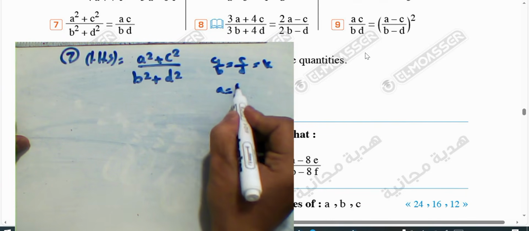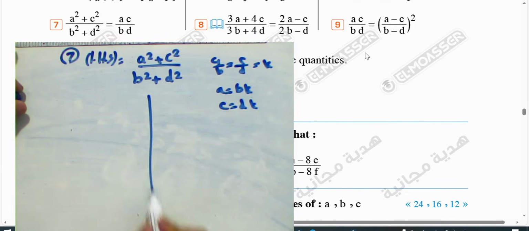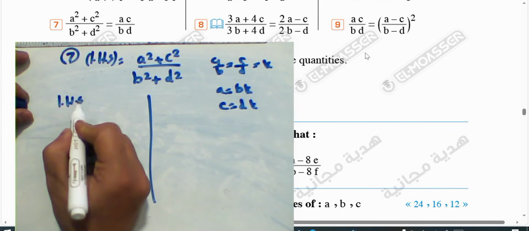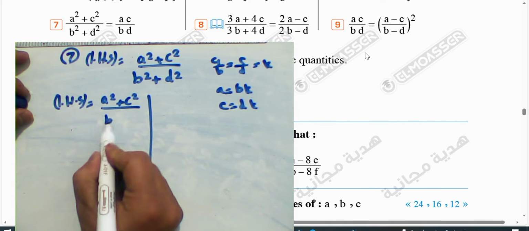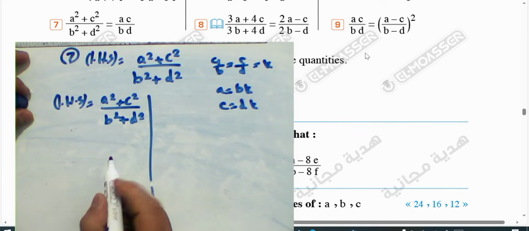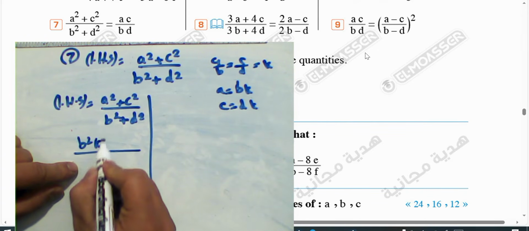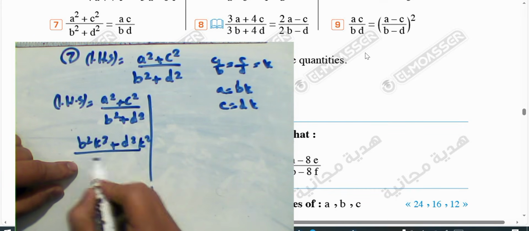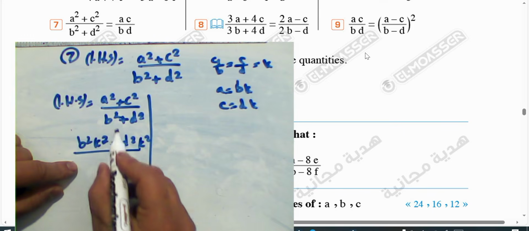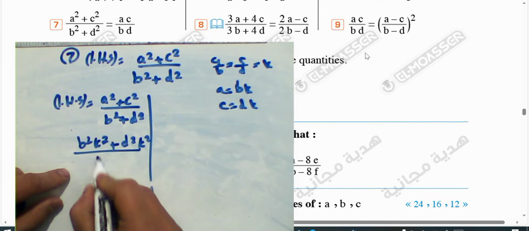Then the value of a equal bk and the value of c equal dk. We can write here left hand side a power 2 plus c power 2 over b power 2 plus d power 2. A was bk, b power 2 k power 2 plus c power 2 equal d power 2 k power 2. Understood?